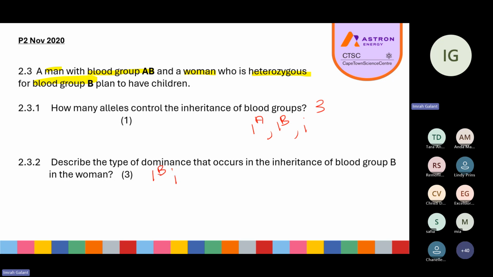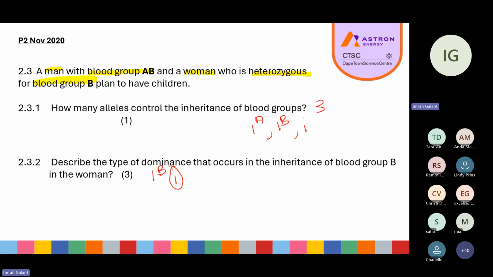We know that allele B is a dominant allele, and blood group O is a recessive allele. So blood group B is completely dominant over blood group O.